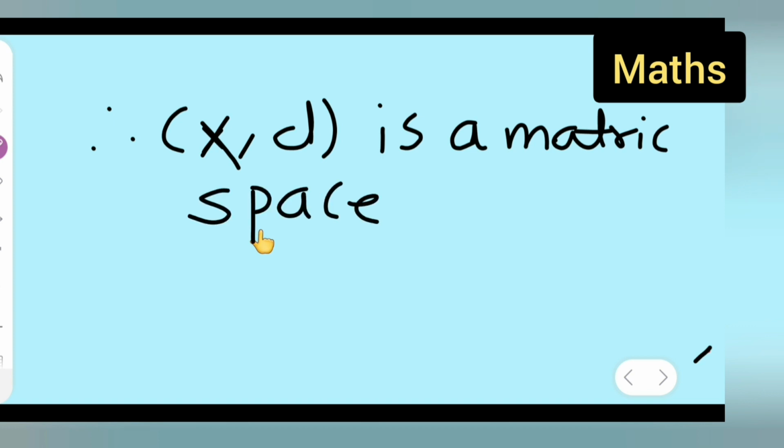It is a metric space only if it is satisfying these properties. A function is said to be a metric on X if it is satisfying the following properties. So here X comma d is your metric space. I hope you all have understood the definition of a metric space, and thanks for watching.